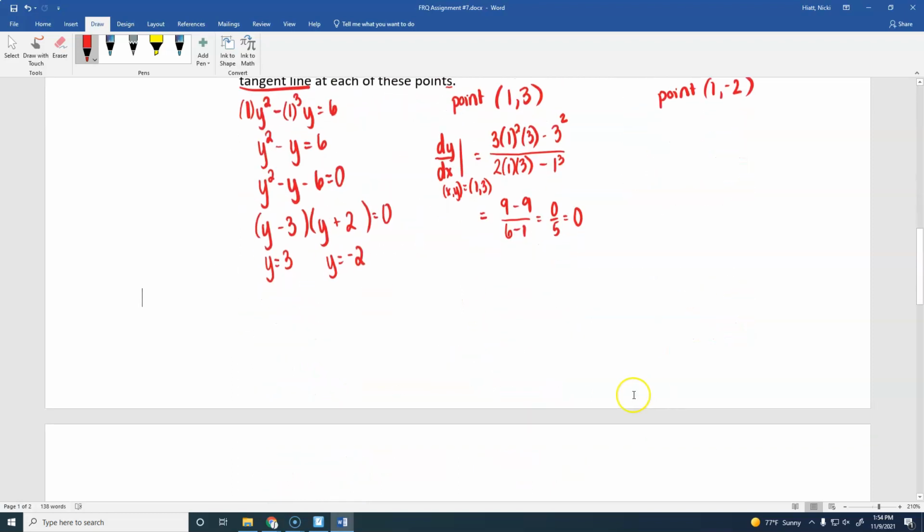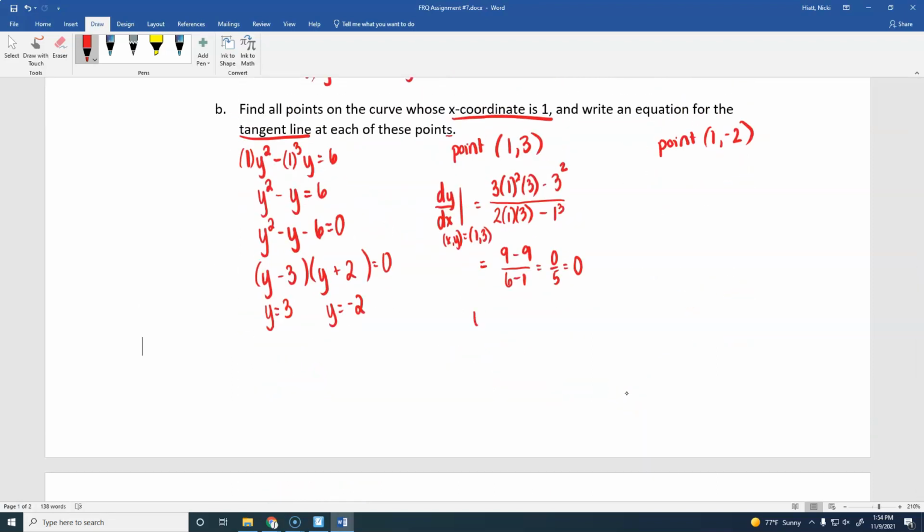Now, when you have a slope of 0, you can still use point-slope form if you want. You could have 0 times (x minus 1) plus 3. You can write it like that. That's perfectly fine. Or you can do y equals 3.